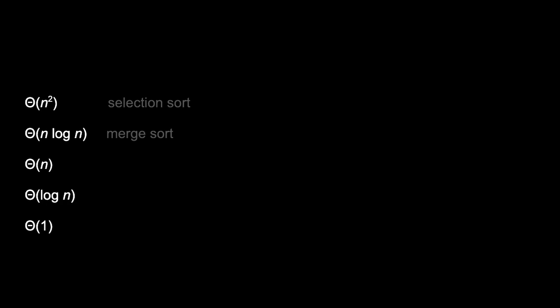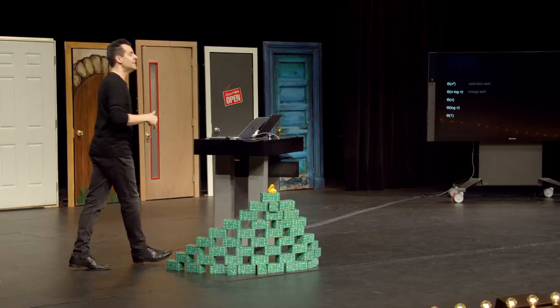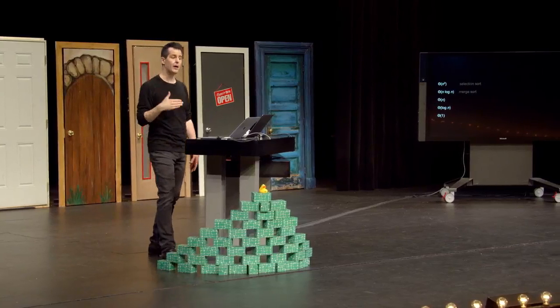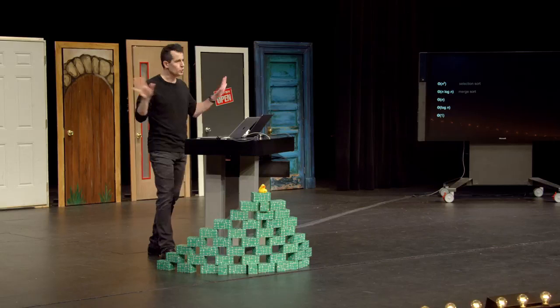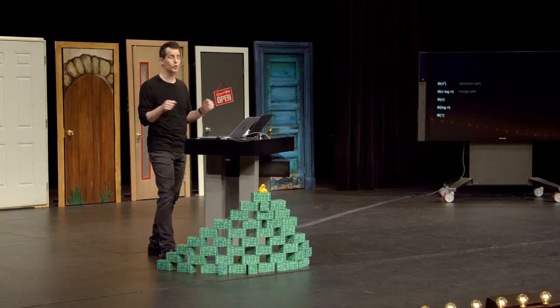So because selection sort was in both big O of n squared and omega of n squared, you can actually just say, it's in theta of n squared. It's always n squared, either in the upper bound or in the lower bound. Same thing for merge sort. It's in theta of n log n. We cannot use theta for bubble sort or for binary search or for linear search because they had different upper and lower bounds.